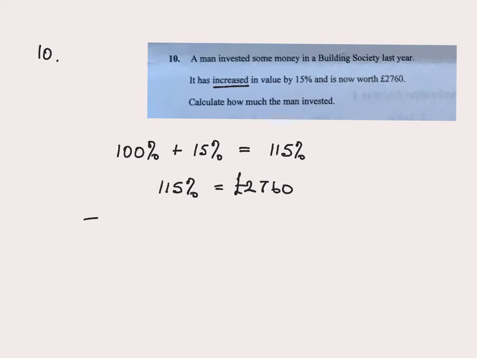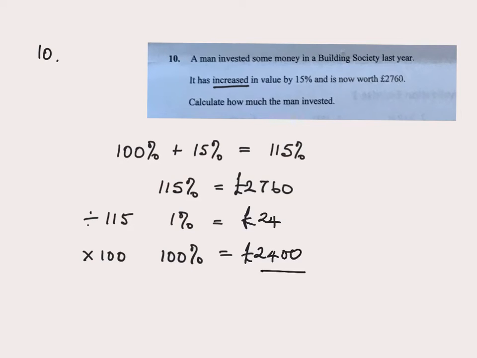So we'll divide by 115 to get 1%, and then multiply by 100 to get 100%, which is the amount of money he initially invested. So 1% is £24, multiplied by 100 gives us £2,400.